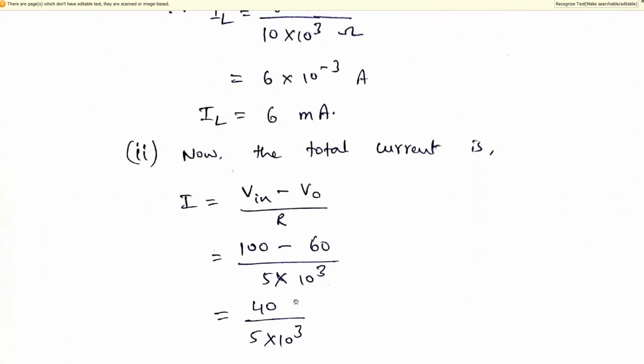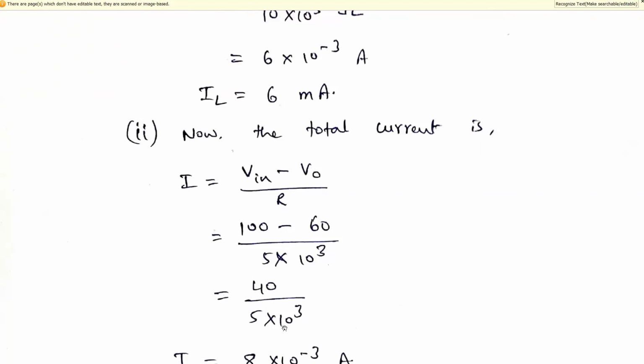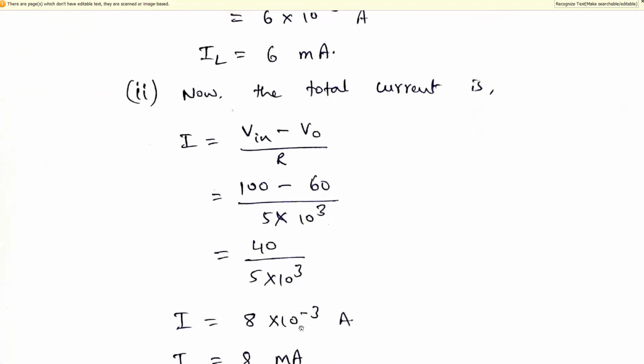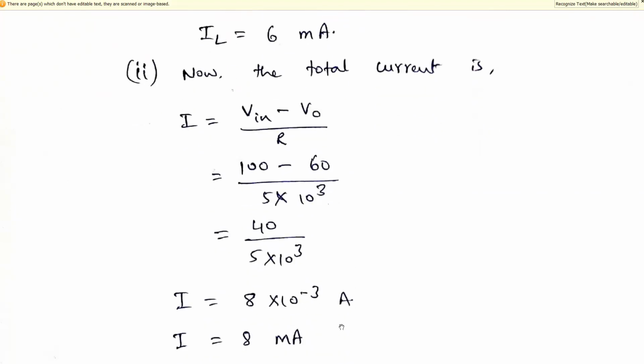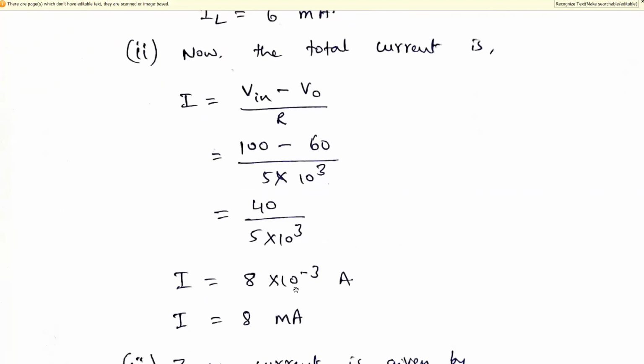It will be 40 by 5 into 10 to the power plus 3. So 40 by 5 is 8 into 10 to the power minus 3 ampere, which means milliampere. So the total current is 8 milliampere.